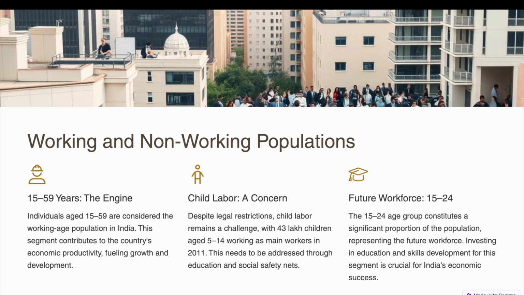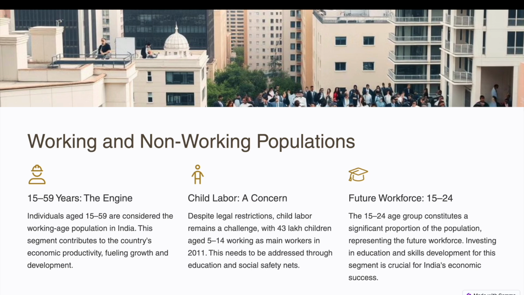Working age population. In India, the working age population is defined as those between 15 to 59 years. On the global scale, it's usually considered 15 to 64 years. In 2011, India's working age population was about 73 crore, accounting for over 60% of the total population.